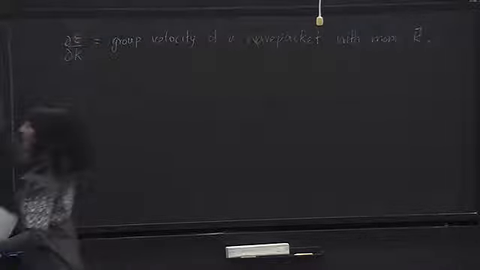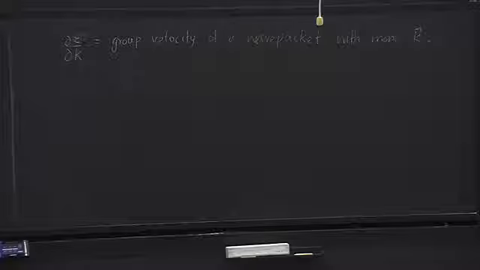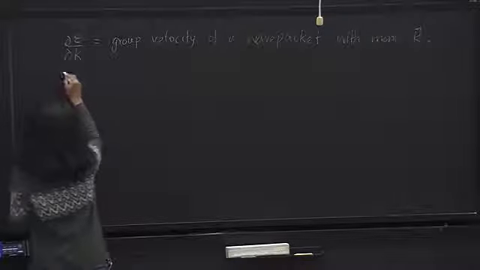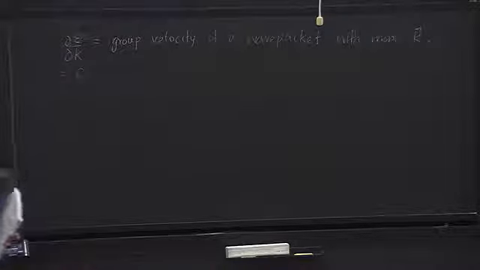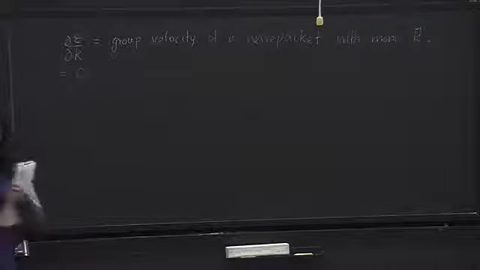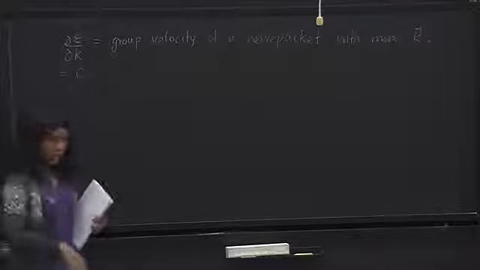If you make a wave packet out of these few single particle states versus k, because the dispersion is flat, this wave packet is not going to move anywhere, and this quantity is 0. Physically, this means you make a bump in real space in the lowest Landau level, it'll just stay put.